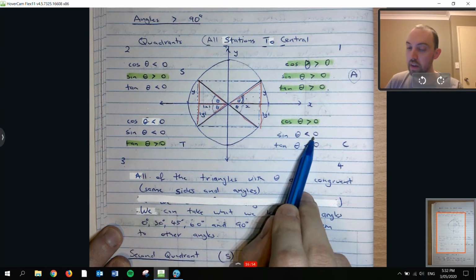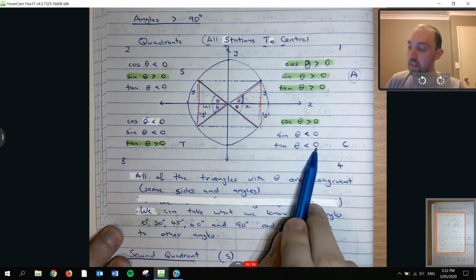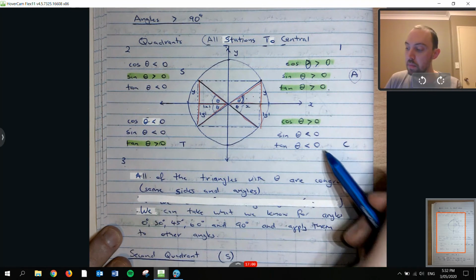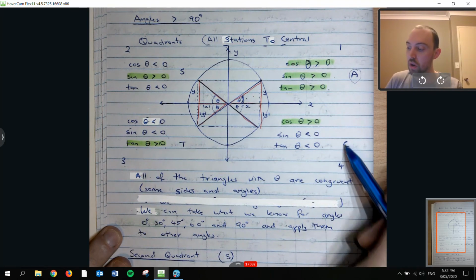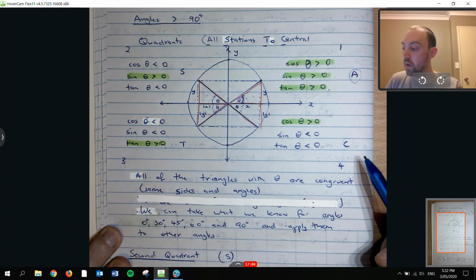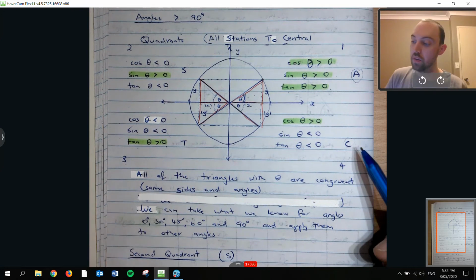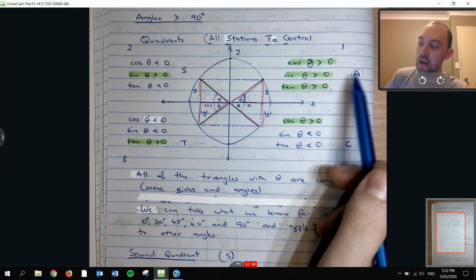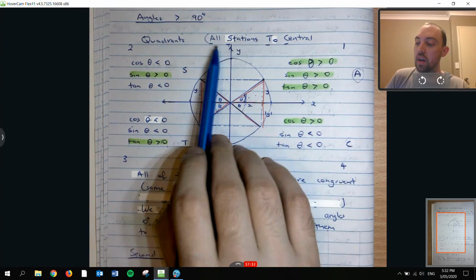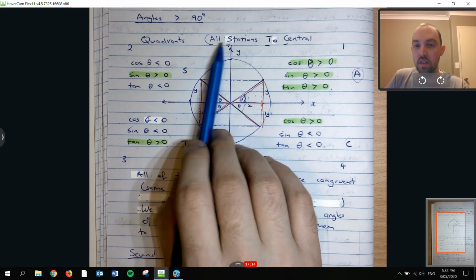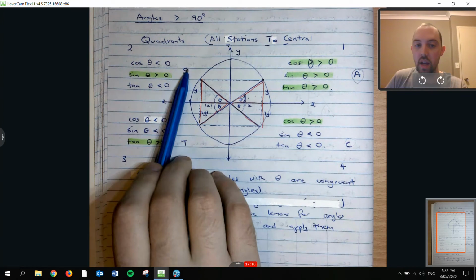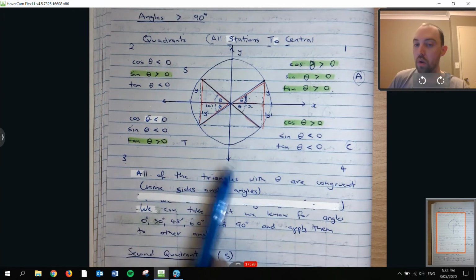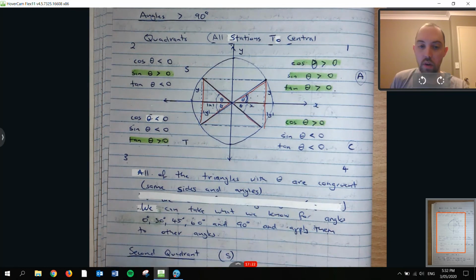Sine is the y values, so that's negative. And again, a negative divided by a positive is a negative, so cos, C, is the only positive function in that quadrant. So if you can remember how to label this, a quick backronym, all stations to central, A, S, T, and C, helps you to remember which of these are going to be positive or negative.